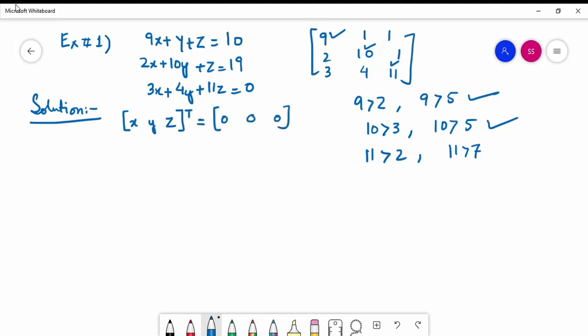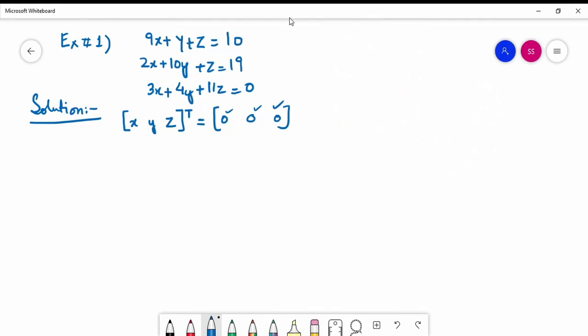This value is for x, this value is for y, and this value is for z. Before starting, you have to write the first equation in terms of the first variable, the second equation in terms of the second variable, and the third equation in terms of the third variable. So the first equation is written in terms of x.